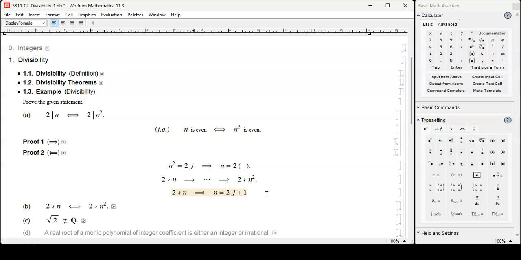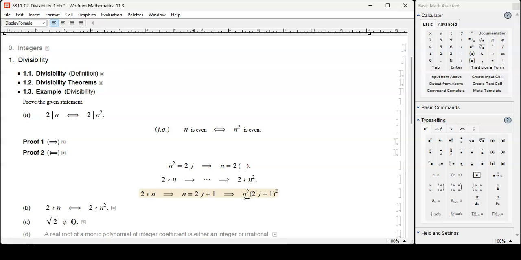So it works out this way, and from this point on, we can do some algebraic manipulation. What's n squared? (2j plus 1) squared. Excuse me, I forgot the equality sign.